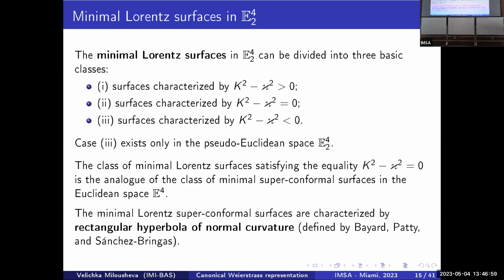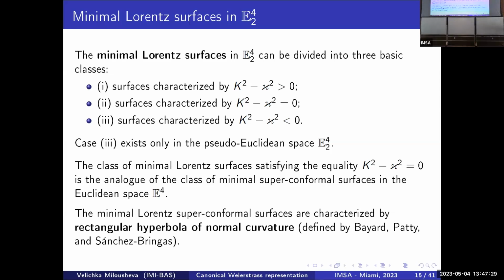The class of minimal Lorentz surfaces which satisfy the equality case, that is the second class, is characterized analogously to the minimal superconformal surfaces in the Euclidean space. But instead of the ellipse of curvature, here we have to consider the so-called hyperbola of normal curvature. It is defined by Bayard, Patty, and Sanchez-Bringas.